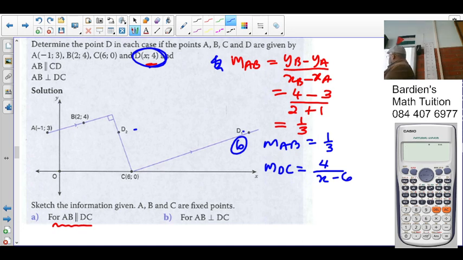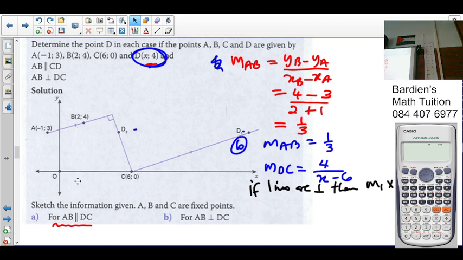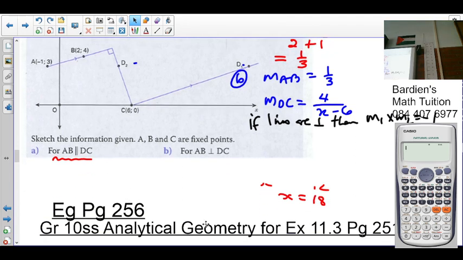Okay. So again, we don't have to do the calculation twice. So what do we know? If lines are perpendicular, then gradient 1 times gradient 2 is equal to negative 1. So with that in mind, what can we say?